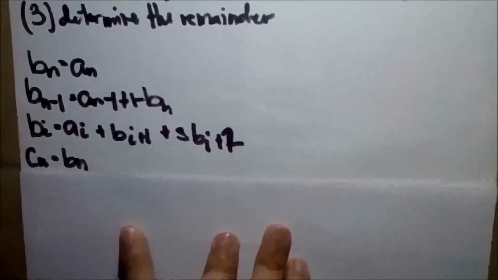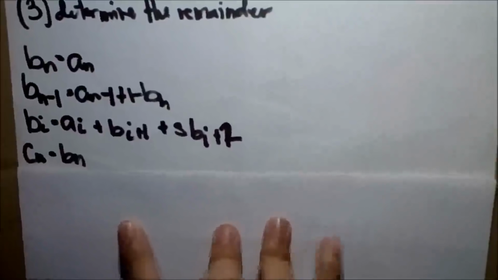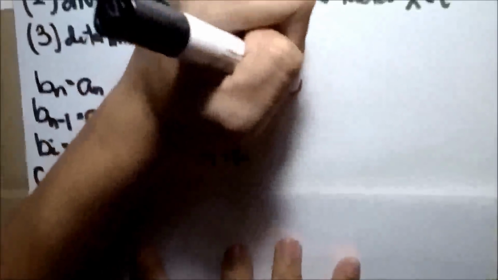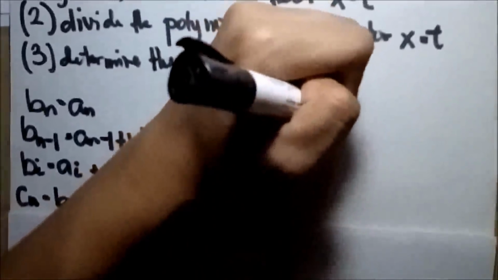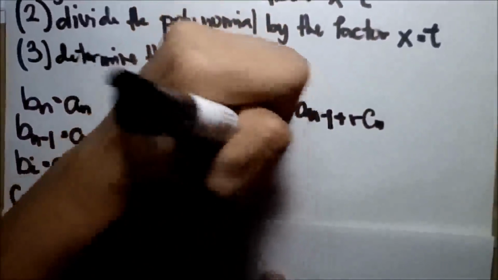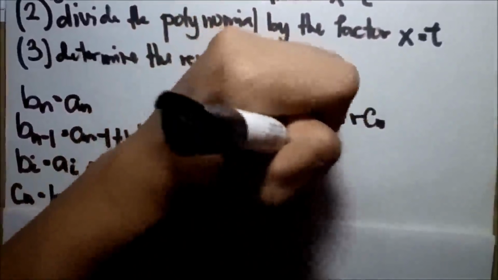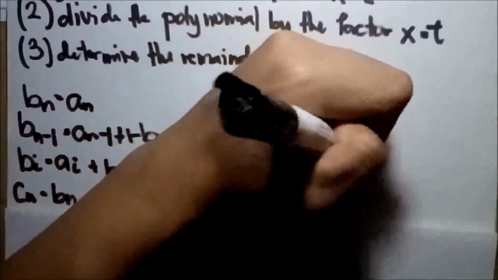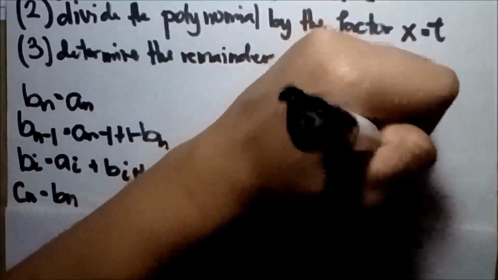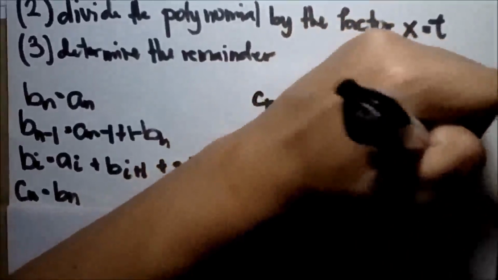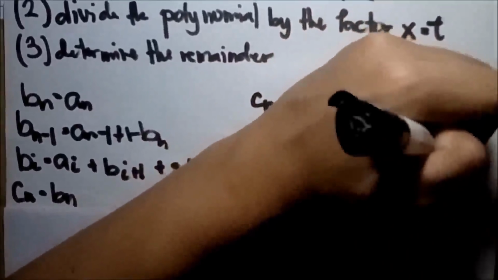And for c sub n equals b sub n, c sub n minus 1 equals b sub n minus 1 plus r times c sub n. c sub i equals b sub i plus r times c sub i plus 1 plus s times c sub i plus 2.